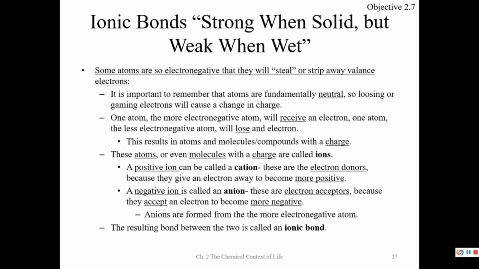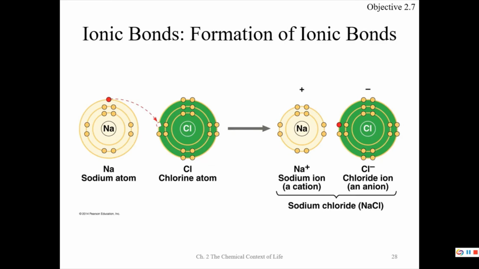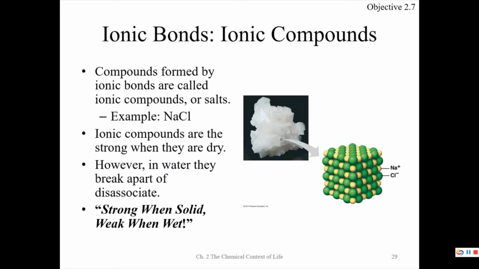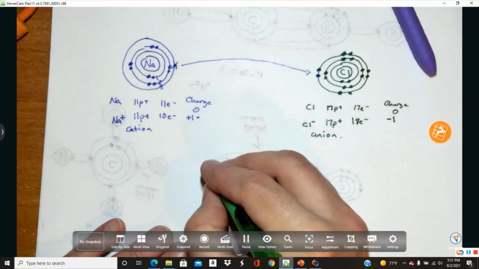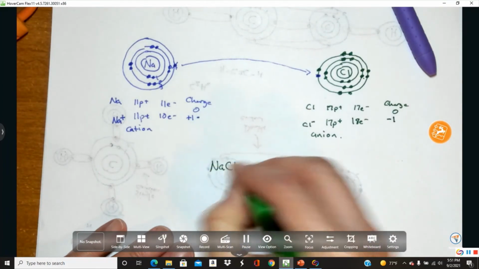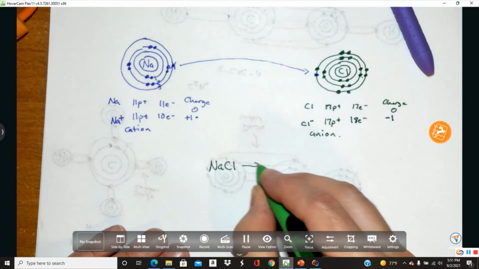Now, what I want to help you understand is that this is what we drew out here, and this is what's happening. This forms what we call salts or ionic compounds, like sodium chloride, calcium chloride, potassium chloride, some kind of salt. And what happens to a salt is this. Let's say I have NaCl, a salt, and I add it to water.